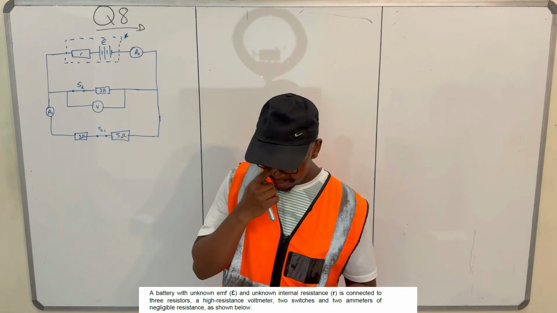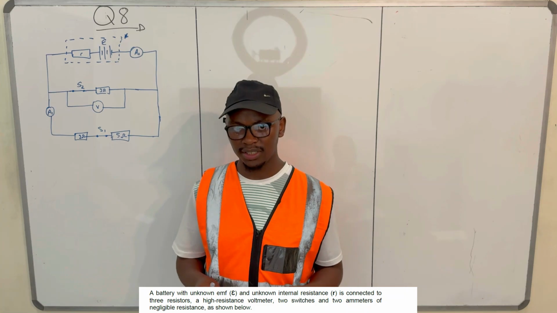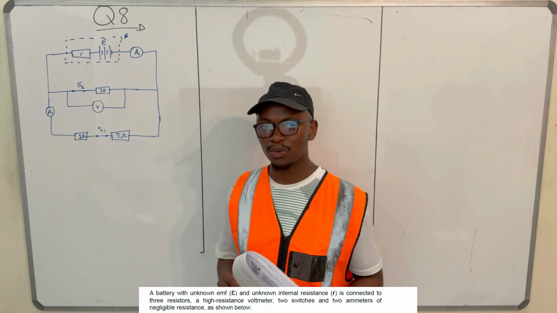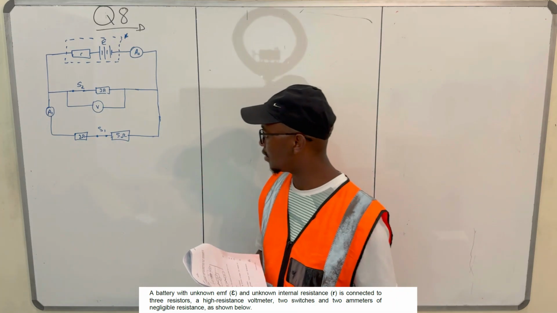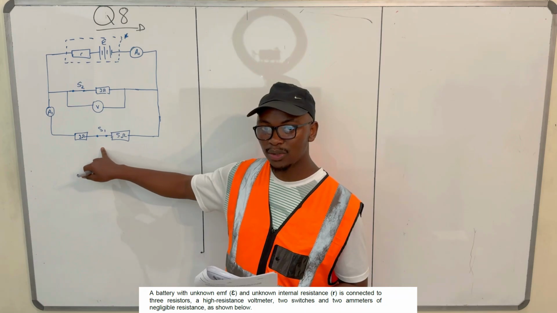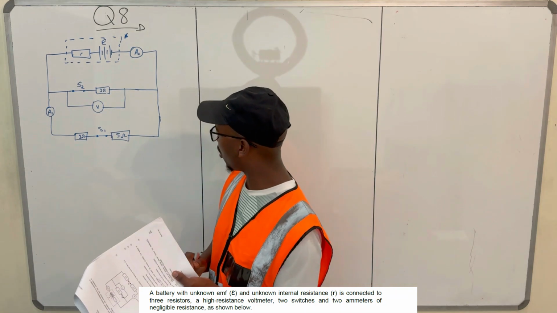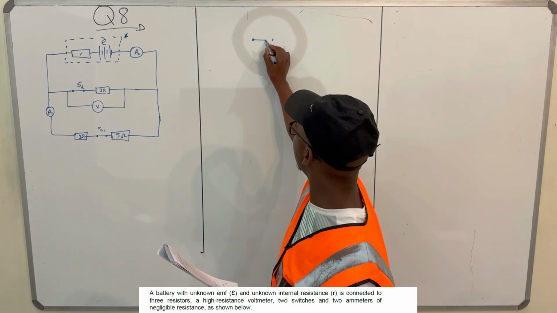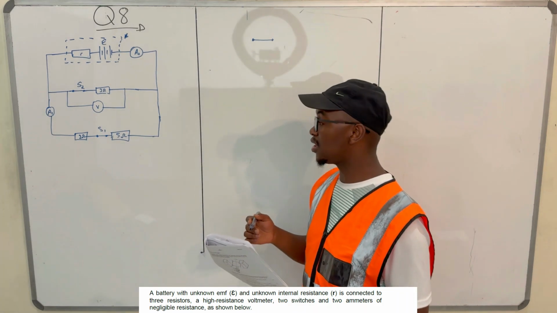All right, before we go deep into this question, just a minor explanation on what we mean by a switch. At this moment, if we look at switch S1, we are seeing it drawn like this. There are 2 modes of a switch.